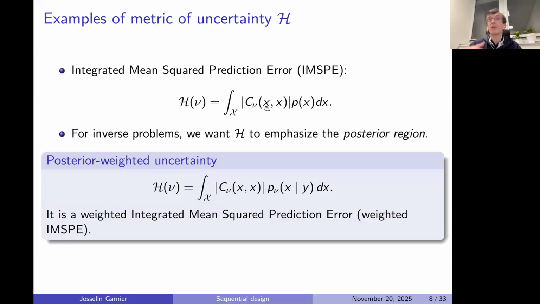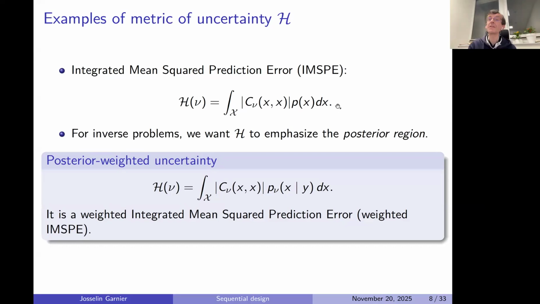Okay, you want to have an average quantity, so you integrate this over all x with respect to some probability density, and here that would be the prior density on x. So this is indeed a measure of the uncertainty of a Gaussian measure nu. When it is small, that means that the posterior variance is small everywhere where the prior is. Okay, so that's an easy one.